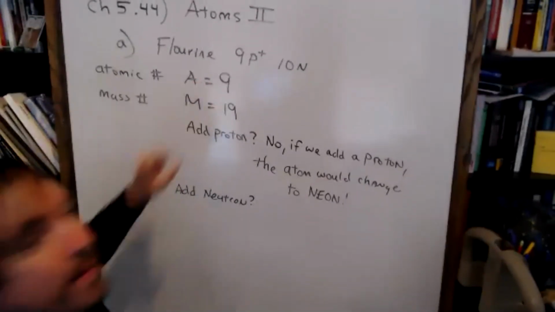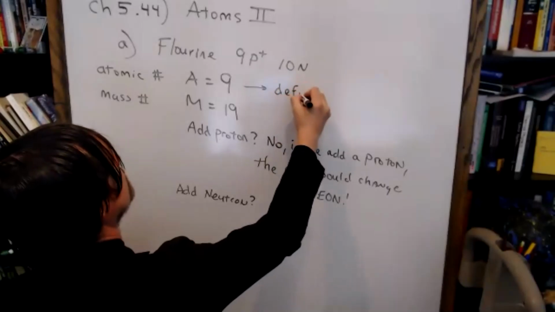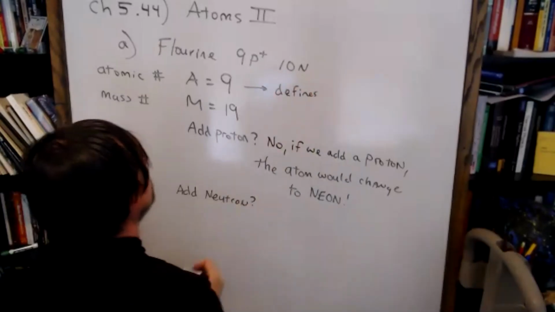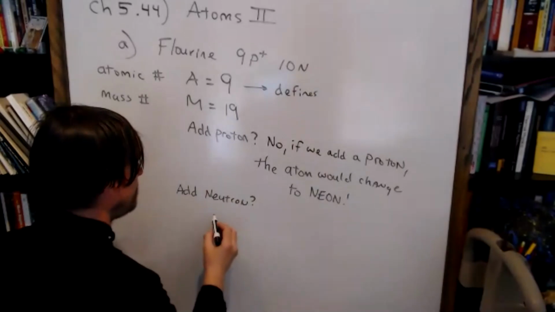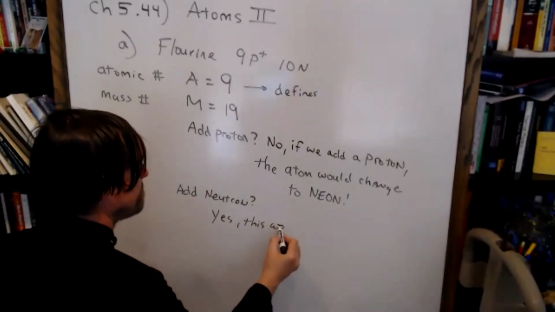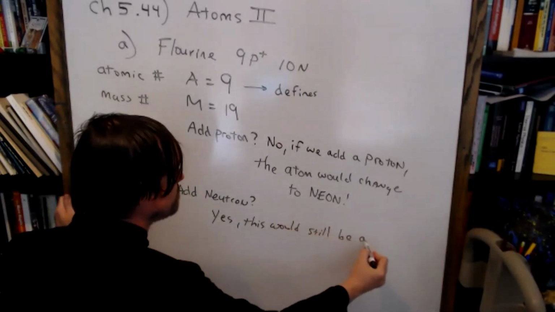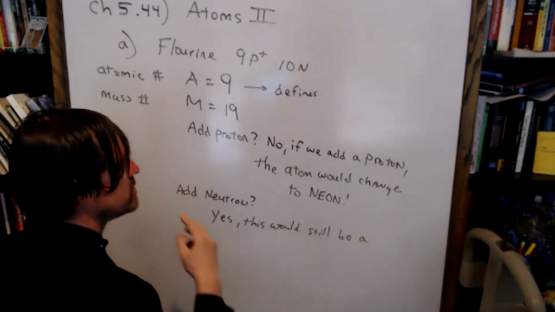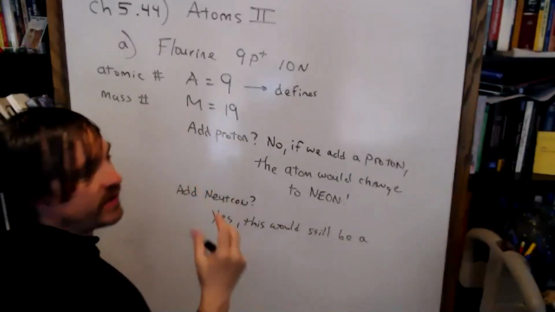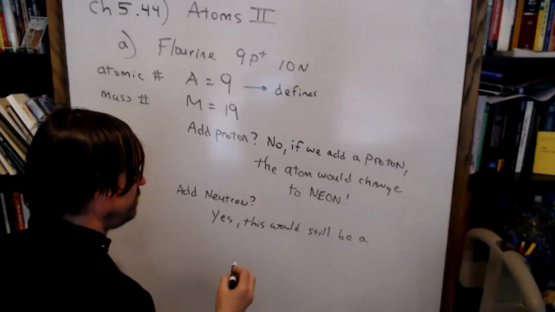The atomic number defines the atom. This is what we learned last time. What does the mass number define? Isn't it the number of protons and neutrons? That's what the mass number is, but it represents something about the atom.